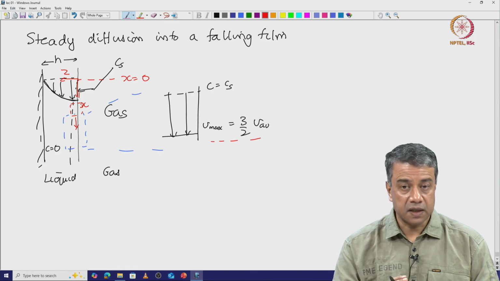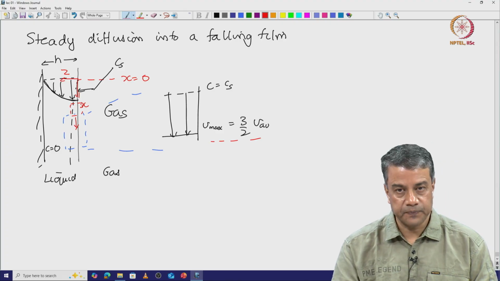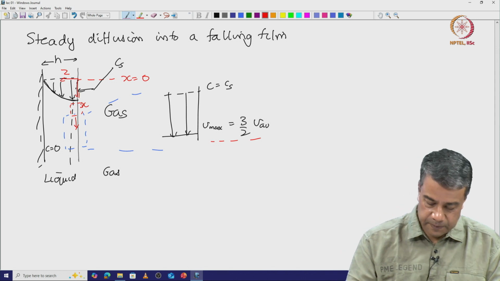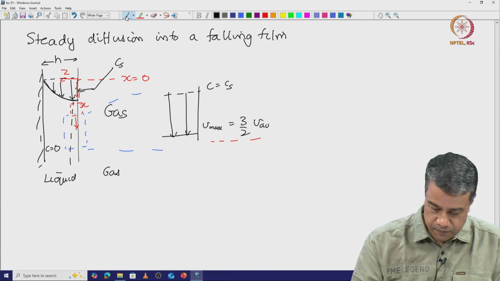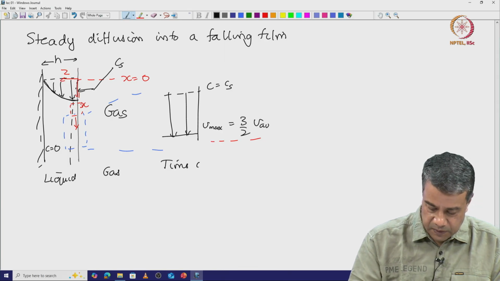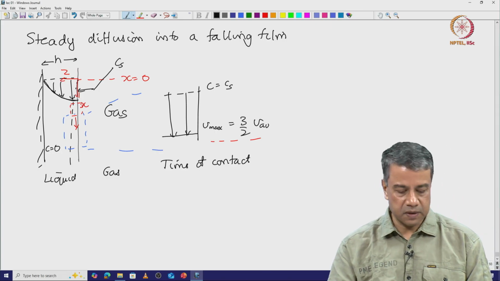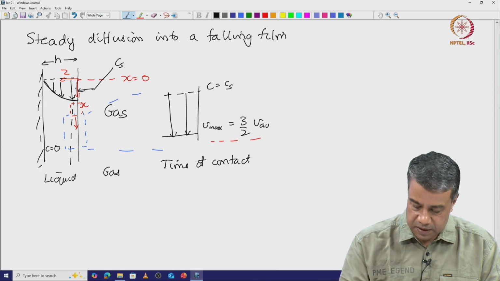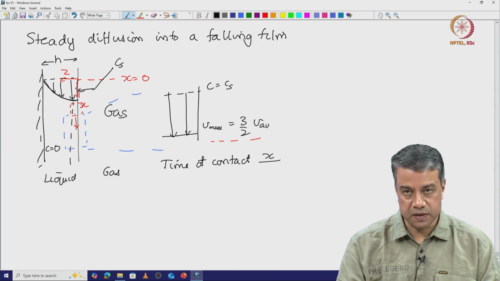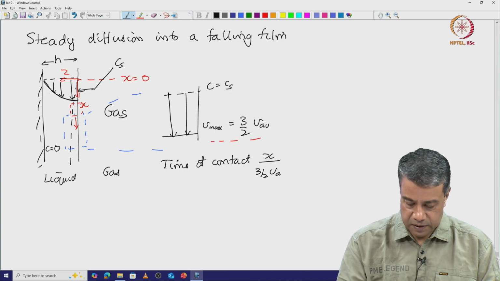The time of contact of this parcel of fluid with the gas has to be equal to the distance travelled divided by the velocity, and the velocity in this case is 3 by 2 V average.